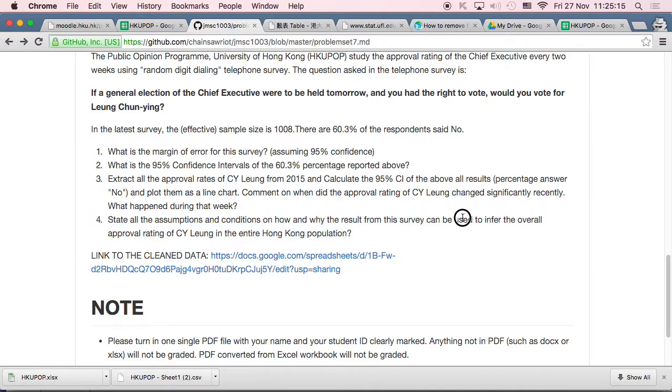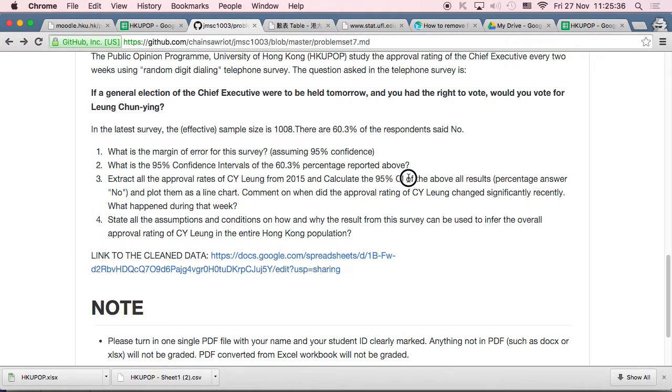And secondly, your sample size needs to be large enough. If the sample size is large, the sampling distribution becomes normal, so that you can use the normal assumption to calculate the 95% confidence intervals.